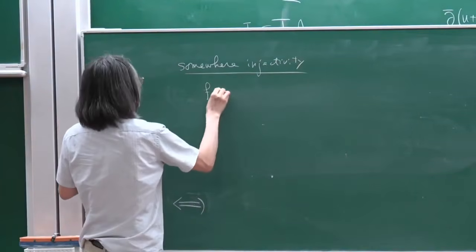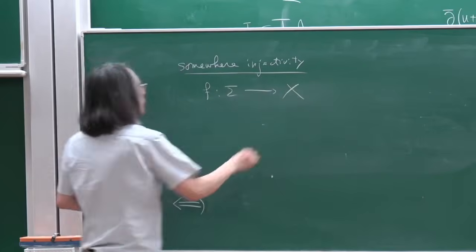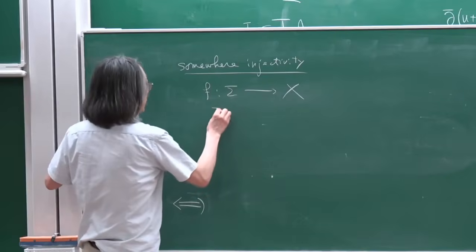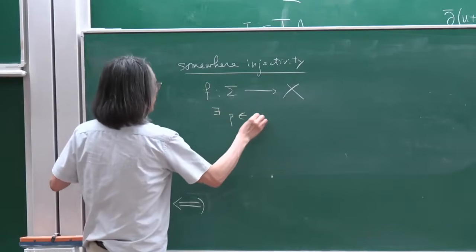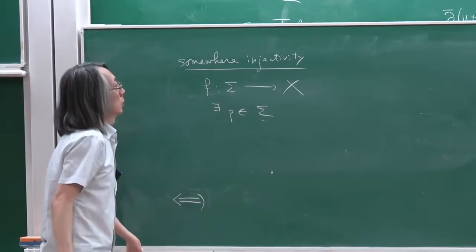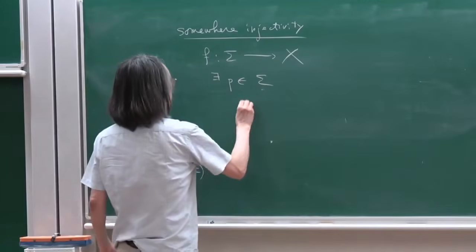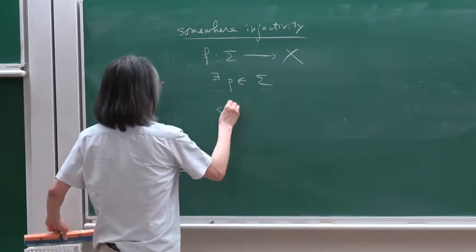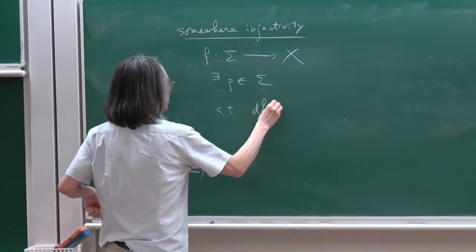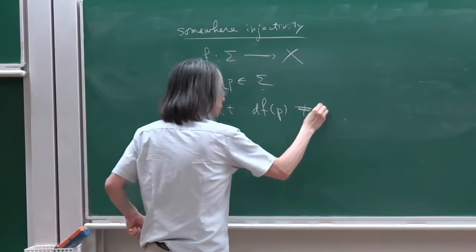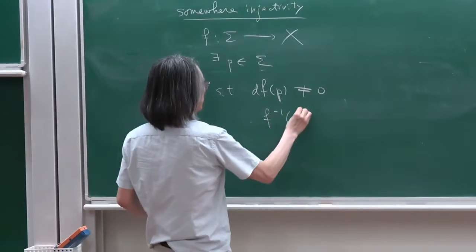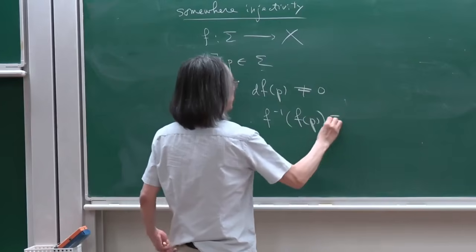So you have F from sigma to X. We call such a thing somewhere injective if there is a point P in sigma, so that df at P is non-zero, and if you consider F inverse of F(P), this is just one point P.